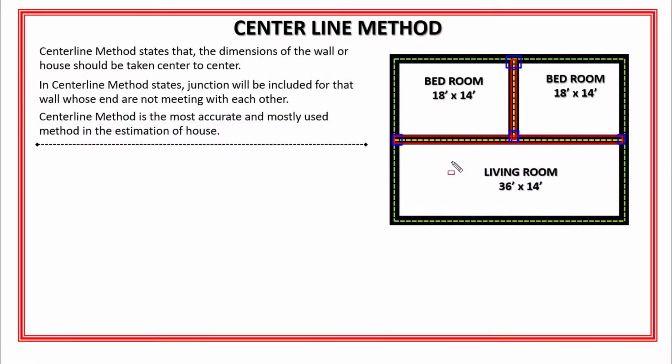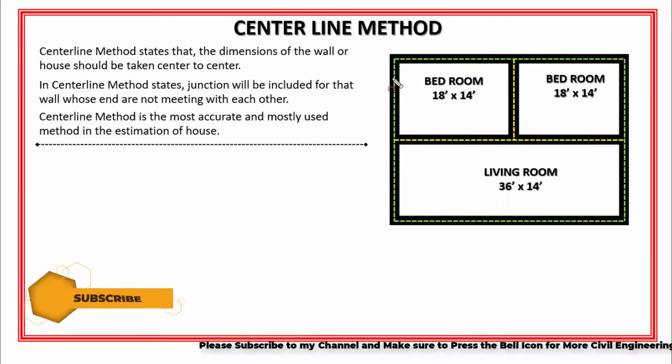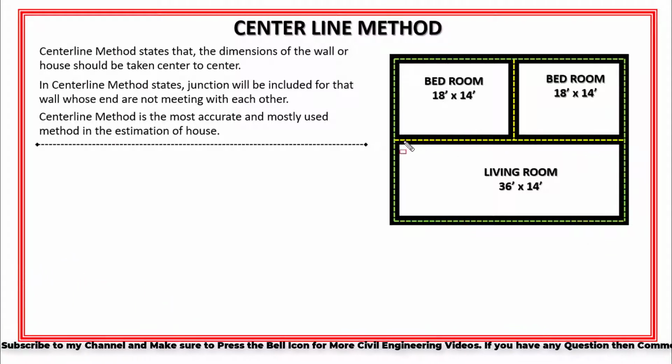Okay. Now after identifying the center lines, I have to find out the total length of the center line. Okay. So for that, first I will calculate the total length of this green center line. And then I will calculate the total length of this yellow center line. Right.